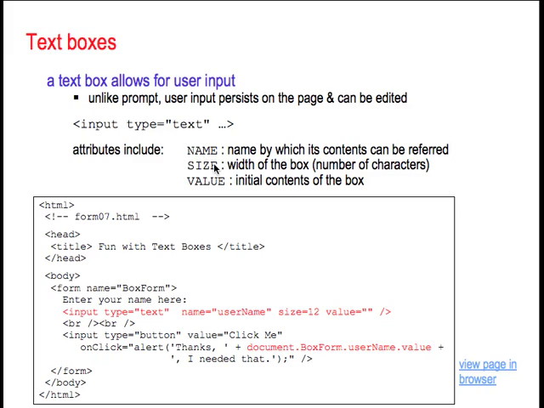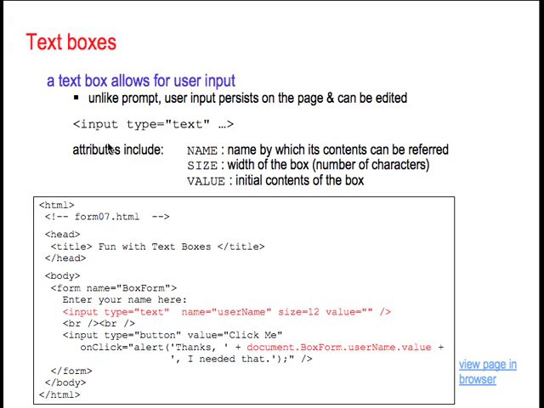That way you can use the name, send the name to another browser location, send it to another location on the internet, save it, copy it, use it as a variable. And then the size is going to be the number of characters that are going to be in the text box, and then the value, the initial contents of the box when it loads up. So here's an example of a name of the form. It's called boxform, and it's going to say enter your name here.